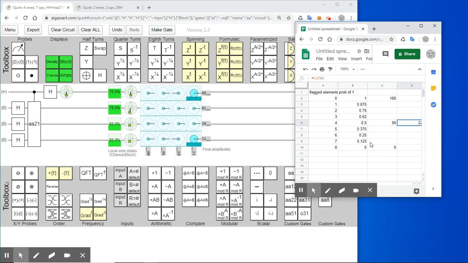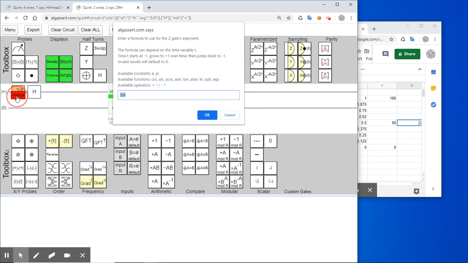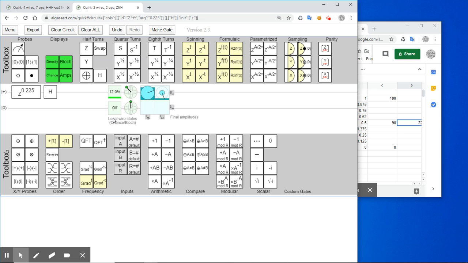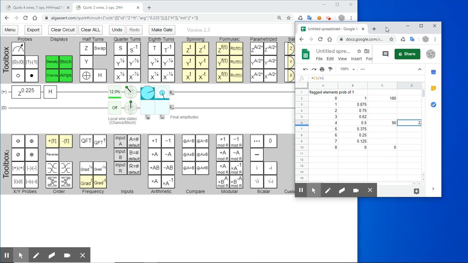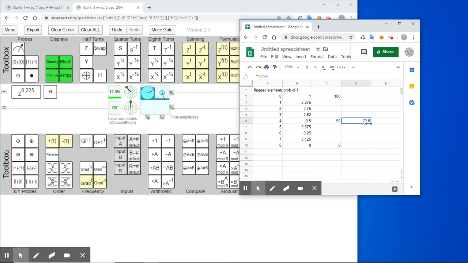What happens if I rotate these 22.5? Then I get 12% of measuring 1. Oh yeah, it's exactly okay. So I could get more precision in here probably.